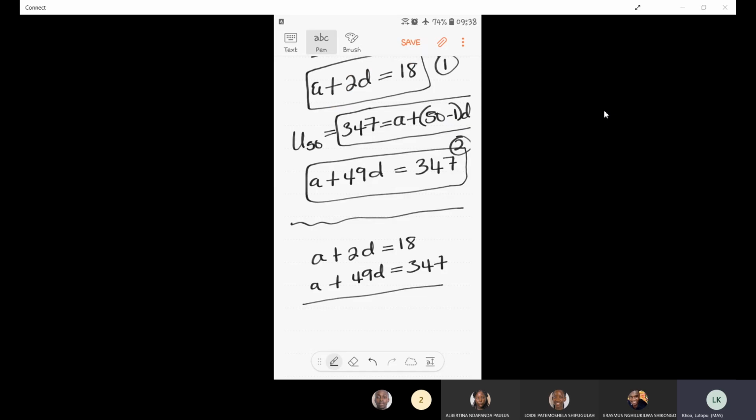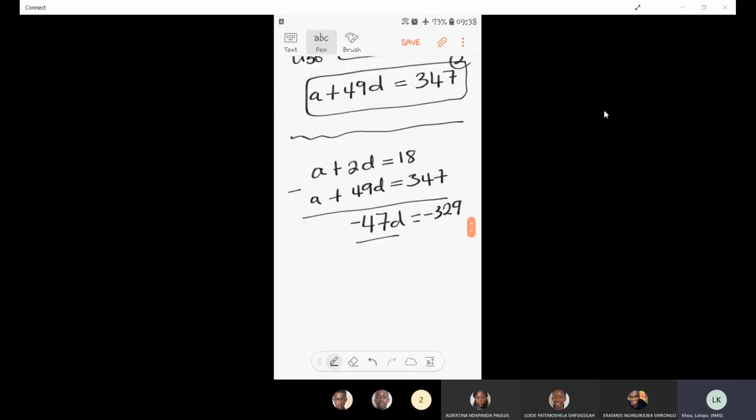It doesn't say to use elimination, so you're free to choose whichever method you want to use. Elimination is just my preference. When I subtract this, I get negative 47d. This is equal to negative 329. Then we divide by negative 47, divide by negative 47, you get d is equal to 7.